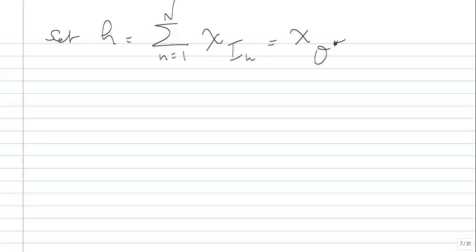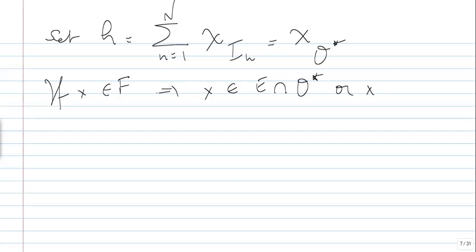The I_n's are disjoint intervals. So in here, if x belongs to F, what do we have? We have x belongs to E intersect O star, or x belongs to I minus O. So what's going on is that we have two cases.